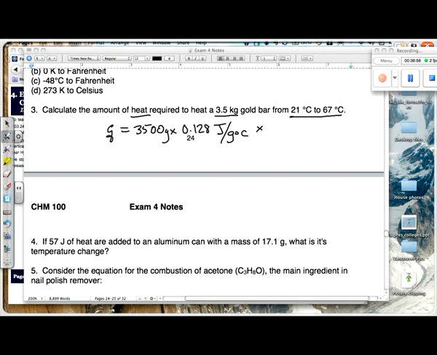And I get 46 degrees Celsius. Okay, so those cancel and the grams cancel, and I'll end up with my joules.